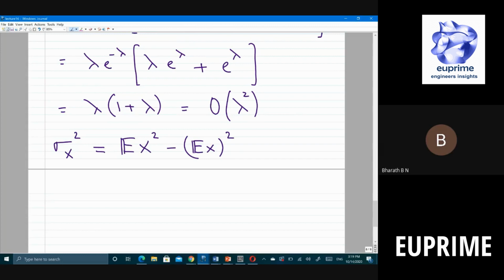This is the same as the expected value of x minus expected value of x whole squared. That's the variance. Is this fine, everyone? What is the expected value of x squared? It is lambda plus lambda squared, minus the expected value of x whole squared, which is lambda squared. Is this fine?